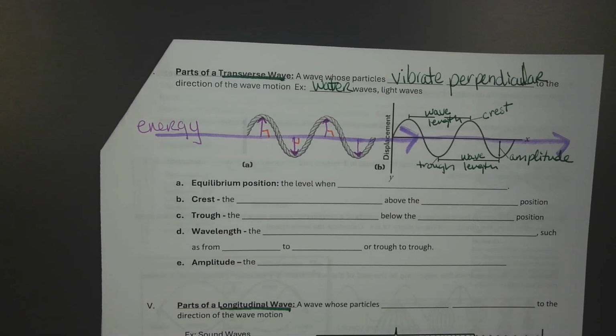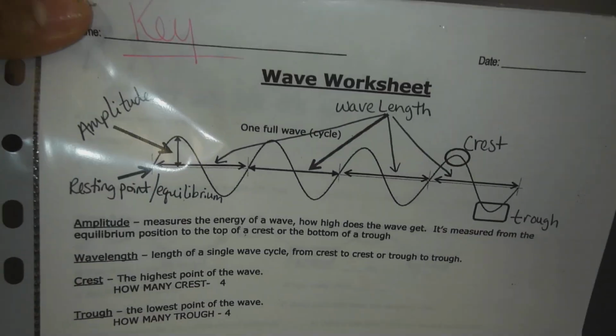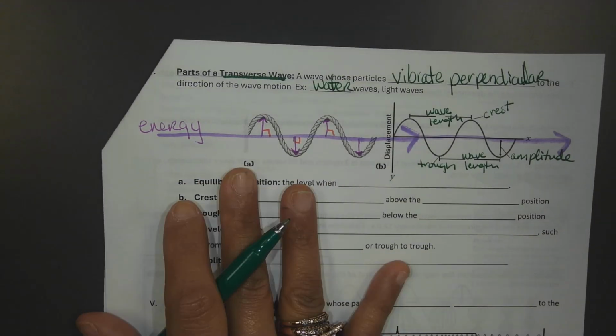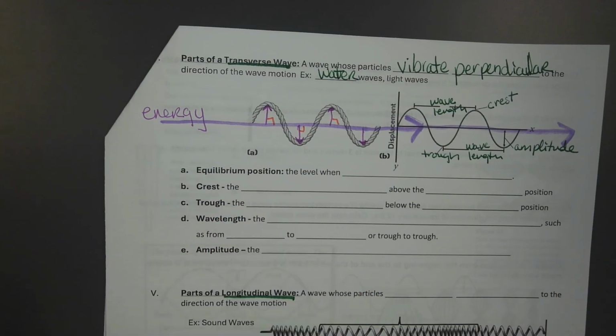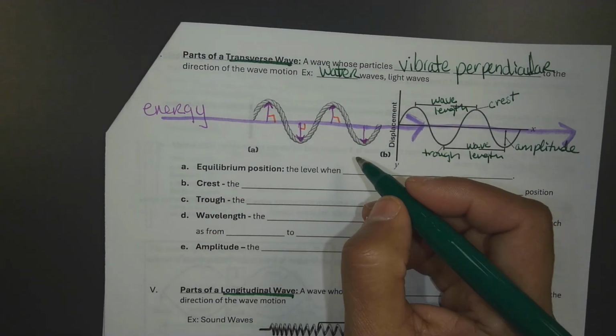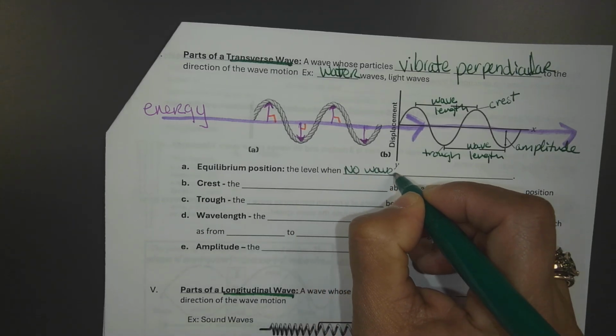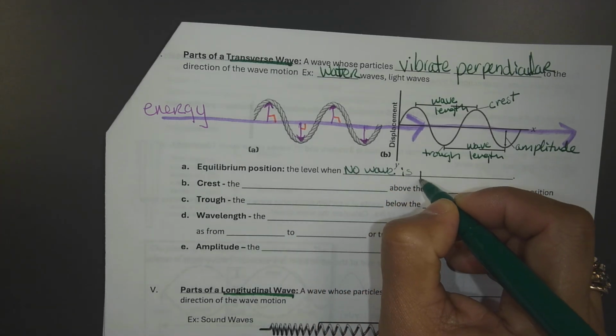All righty. Here's a little bit of review from when we did this wave worksheet. When we did this wave worksheet, we already talked a little bit about the parts of a transverse wave. The equilibrium position is when no wave is produced. It's at rest.